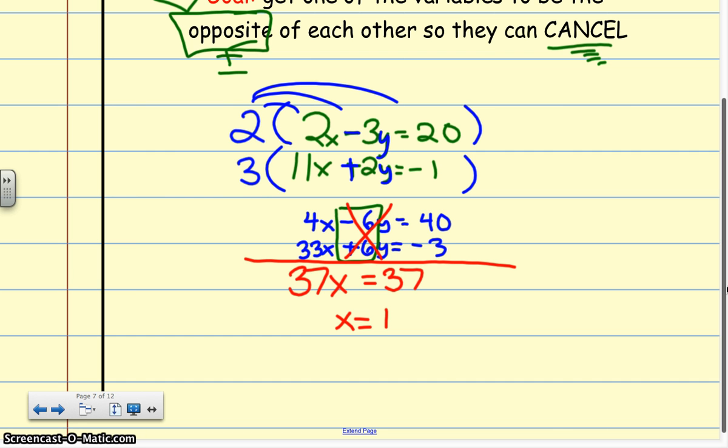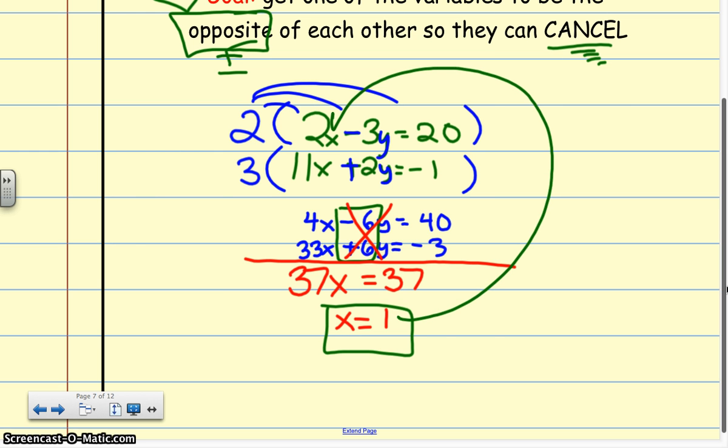Now to find my y, I take this x and I plug it into one of the originals. I have many originals I can work with. I could use the top equation, I could use the bottom equation, the new equation I formed, or the other new equation I formed.